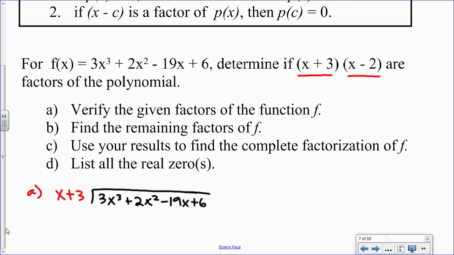Okay, take a minute to do this. Practice your long division. Remember, you're wanting to get a remainder of 0 because you're verifying that it is a factor. So if you don't, then you know you did something wrong.